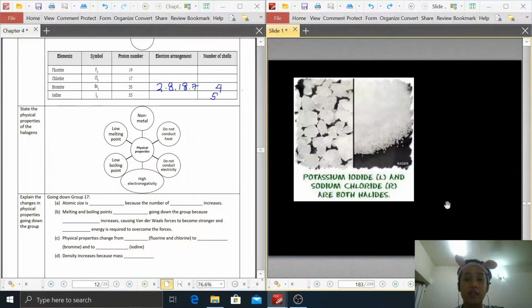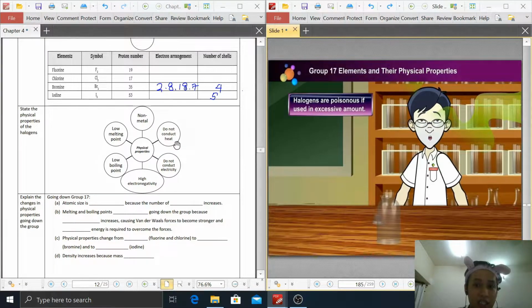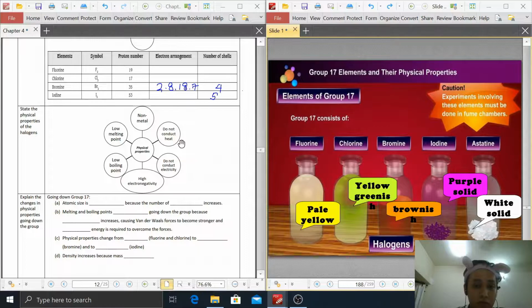So halogens exist as minerals or metal halides, such as sodium chloride, potassium iodide, and so on. They do not conduct heat, they do not conduct electricity, and they have low melting and low boiling points.